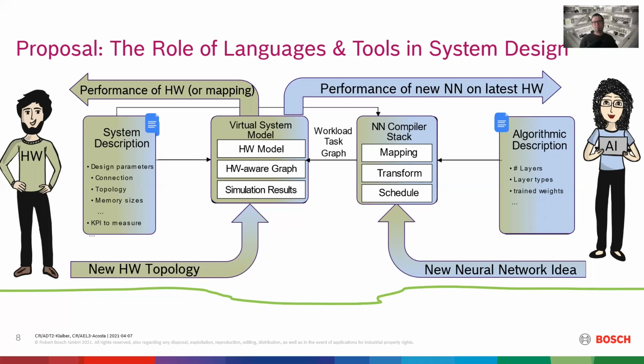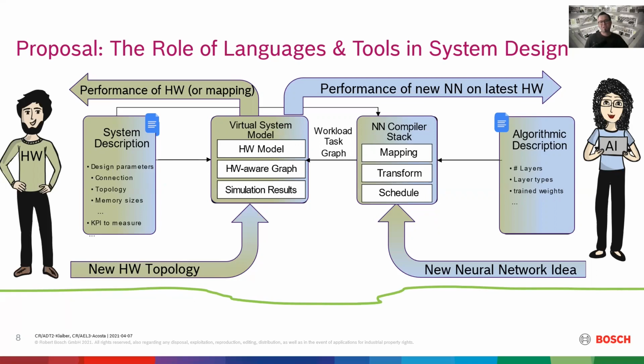So the AI people can directly quantify how fast a neural network architecture performs with the system description the hardware people came up with maybe a day ago.